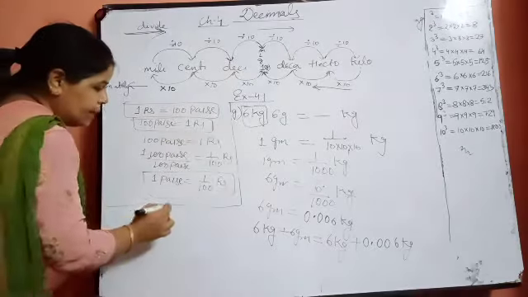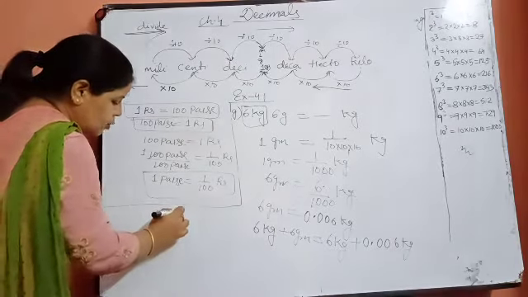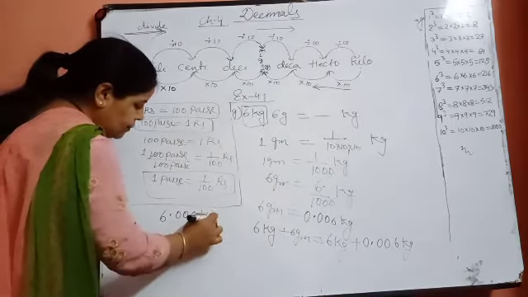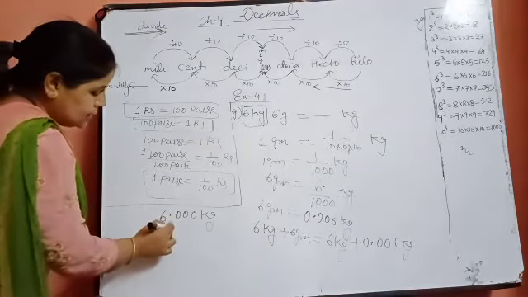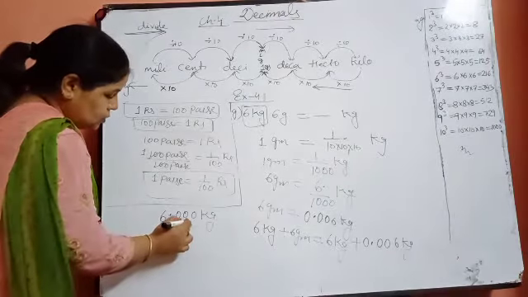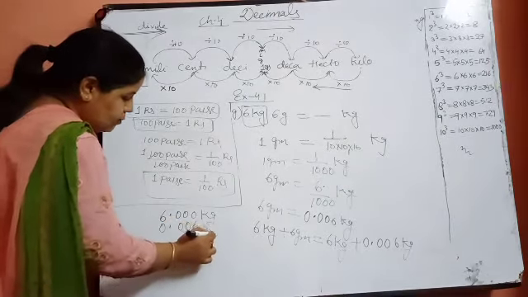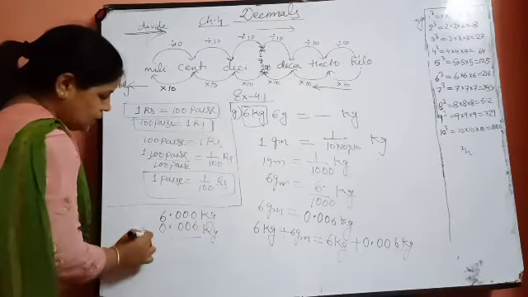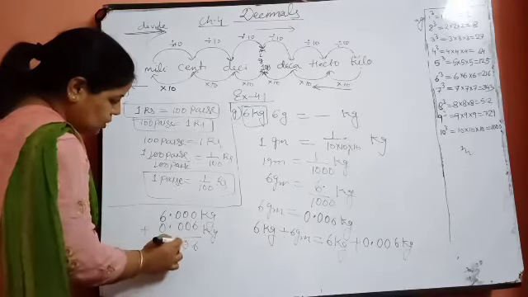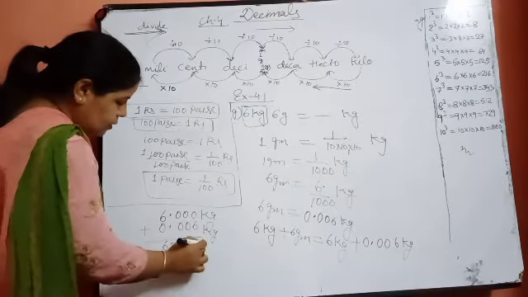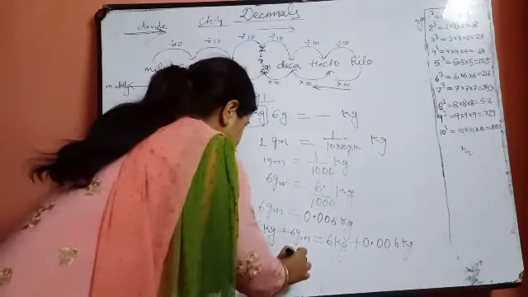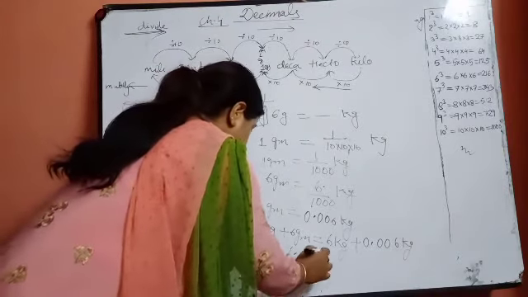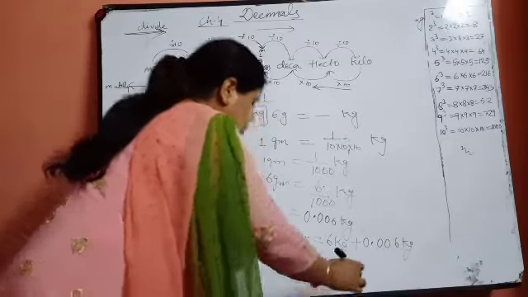See how I am adding. 6 kilogram means 6.000 kilogram, okay, and 0.006 kilogram. What will it become? Add them now. 6, 0, 0 and 6 kilogram. So what will be your answer? 6.006 kilogram. This will be your answer.